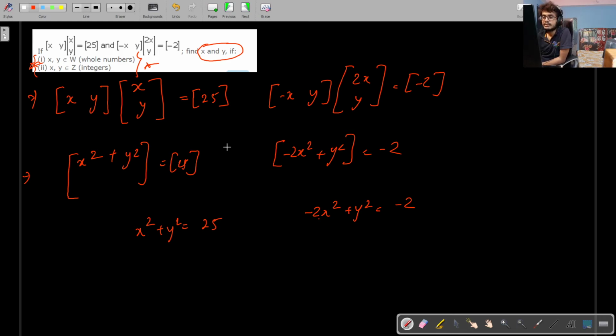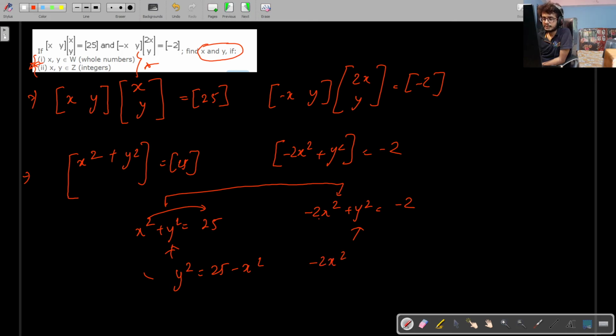So now if these kind of questions occur where you have two different x squares and y squares, what you do is try to substitute one of these into the other. When you simplify it for y square, you get 25 minus x square. So take the x square to the other side, and you get the value of y square.